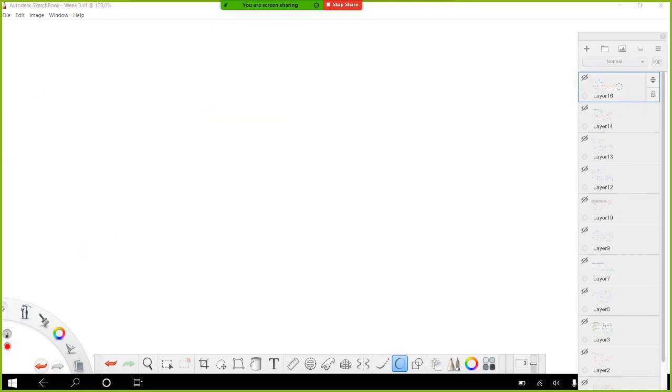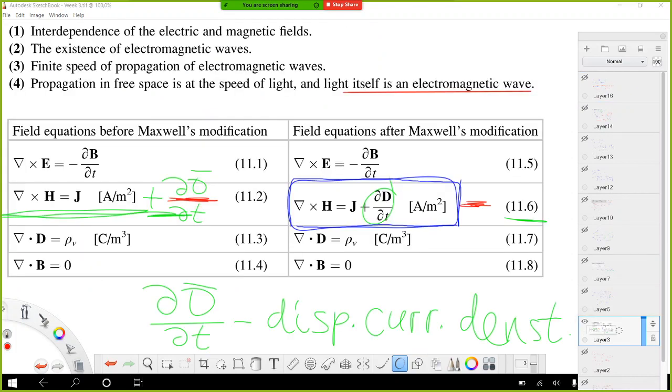So similarly, we can write the integral forms of equations 11.7 and 11.8.